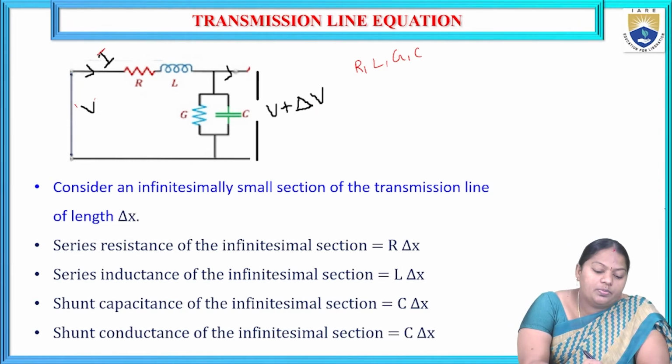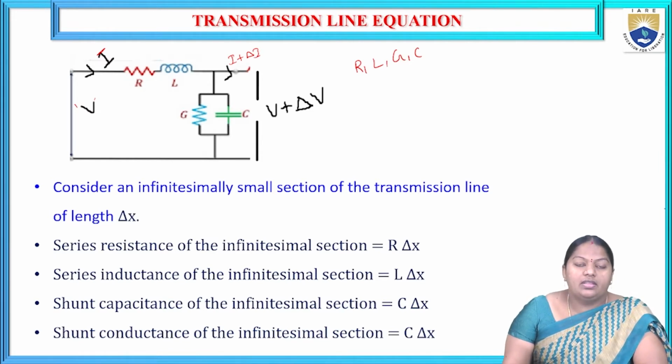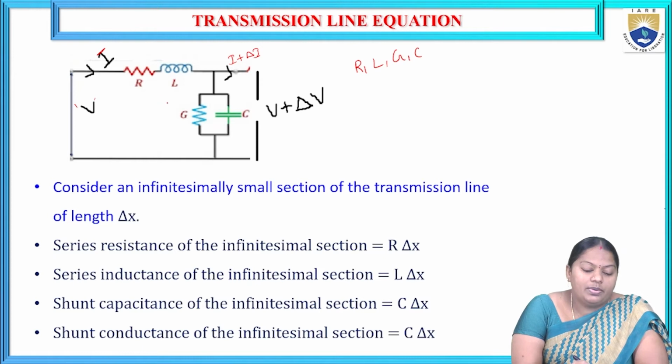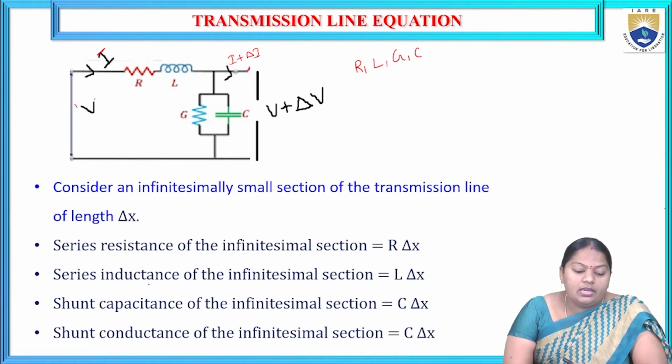The input current is represented with I and the output current is denoted with I plus delta I. Two series elements are connected in the lumped circuit: inductance L and resistance R. The conductance G and the capacitance C are connected in shunt of this lumped network, where V and V plus delta V are respectively the input and output voltages, and I and I plus delta I are the input and output currents of these lumped circuit elements.